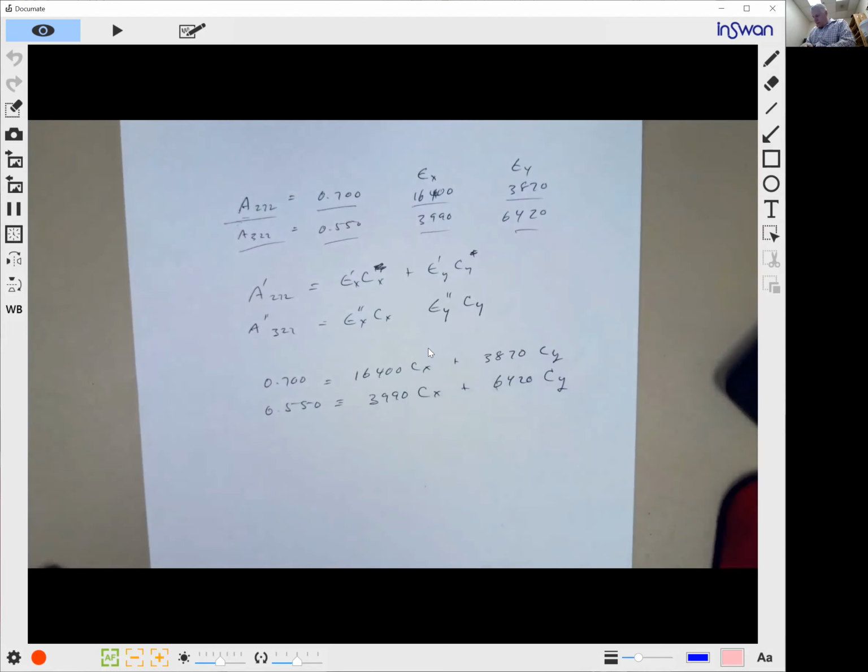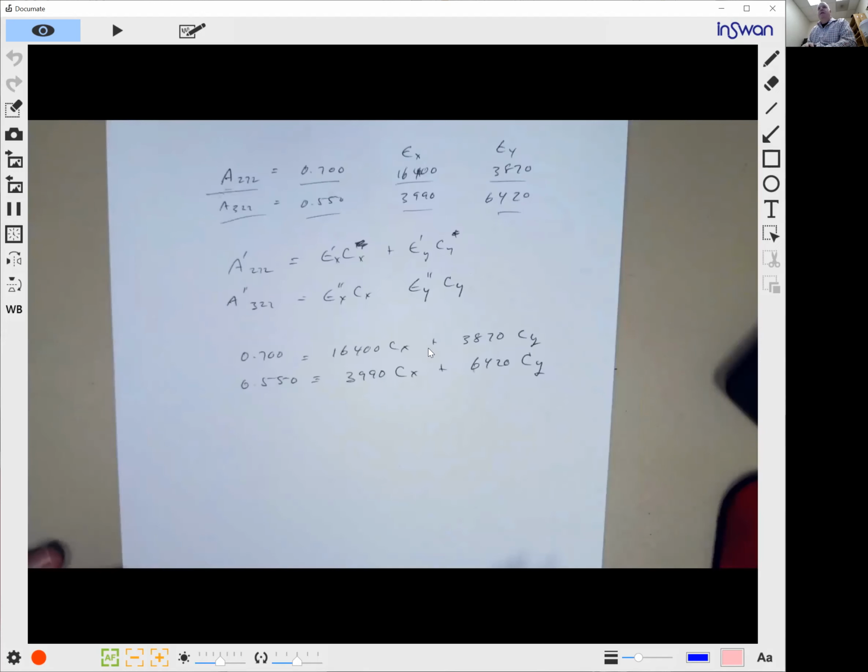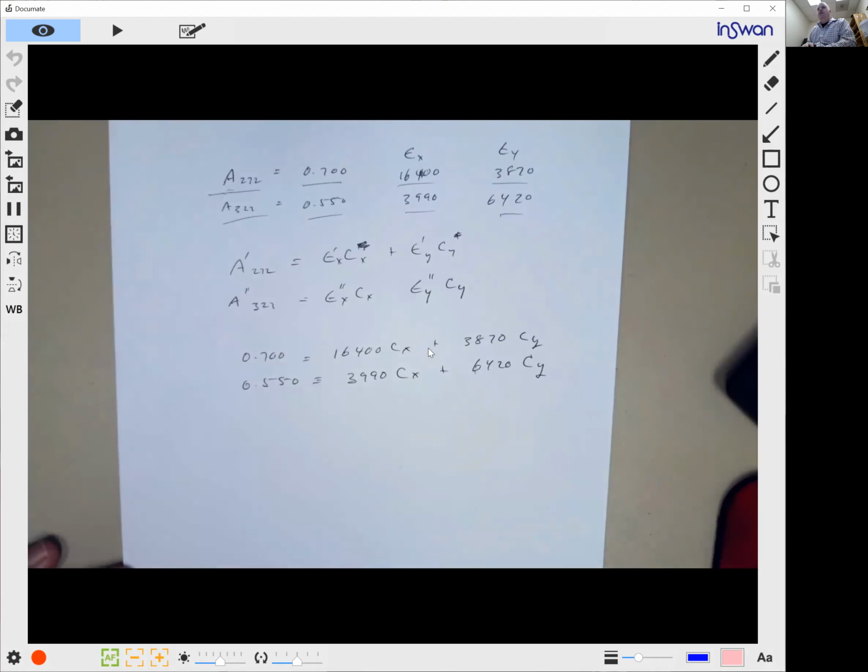You can solve it directly with matrix math, and you can also break it down algebraically and solve it.